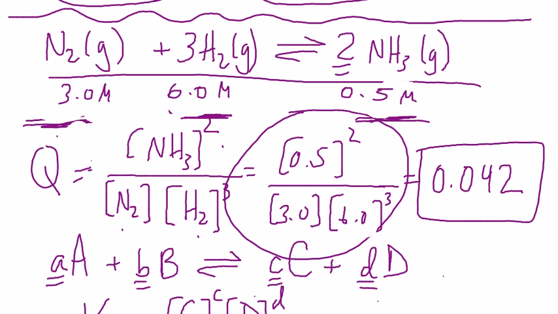We get a value for Q equal to 3.9 times 10 to the negative 4.